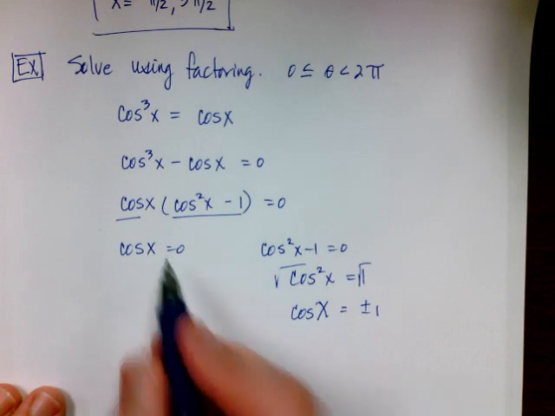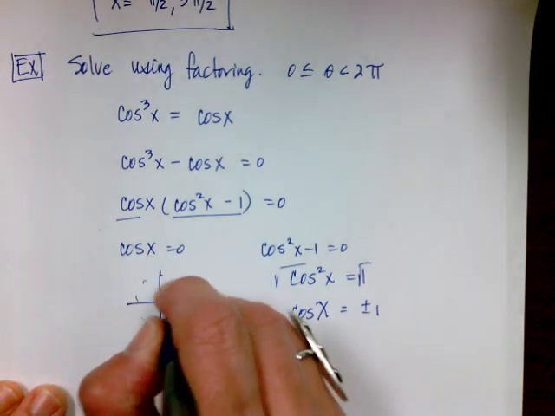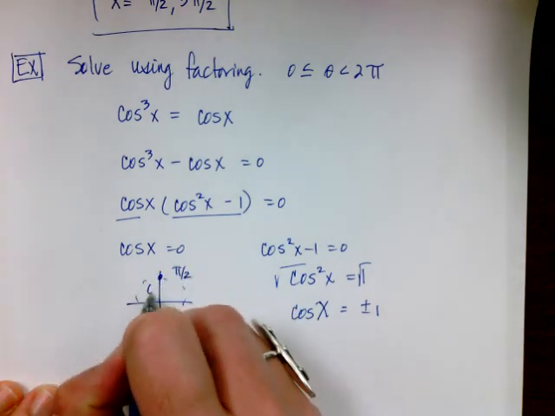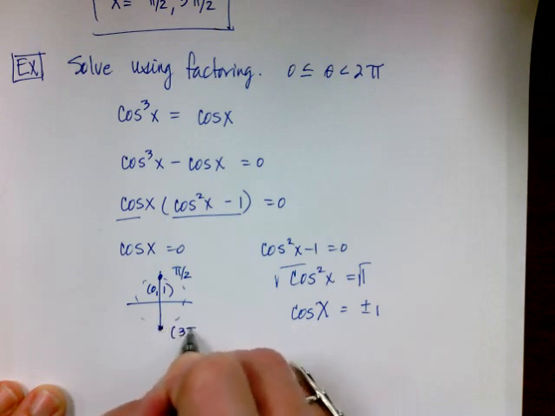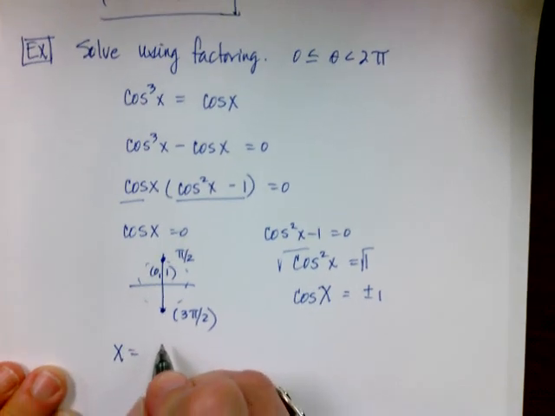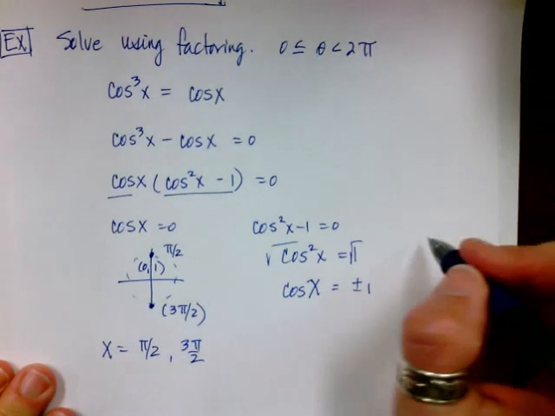Alrighty, so now let's solve using our unit circles. Okay, cosine is 0 up here at pi over 2 because the coordinates are (0, 1), and down here at 3 pi over 2. Okay, so I'm going to get x is equal to pi over 2 and 3 pi over 2. That's from my first unit circle.